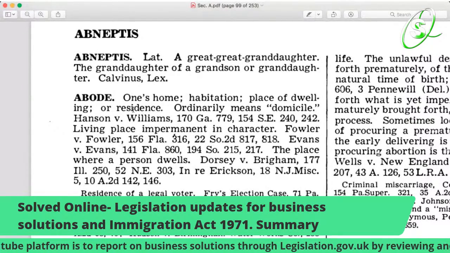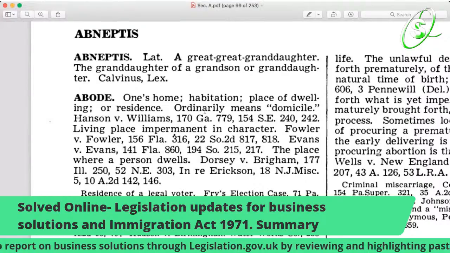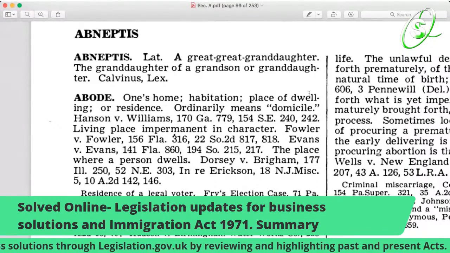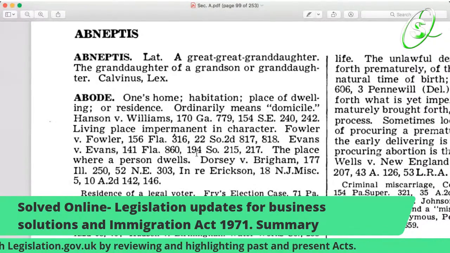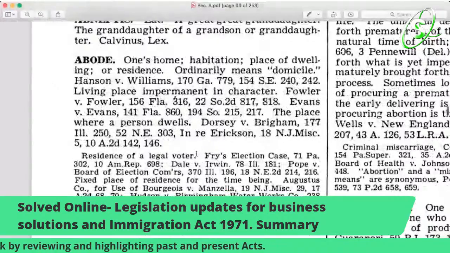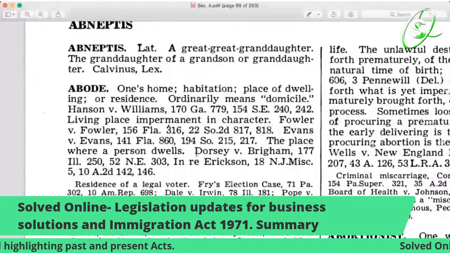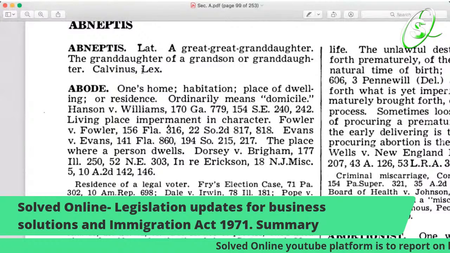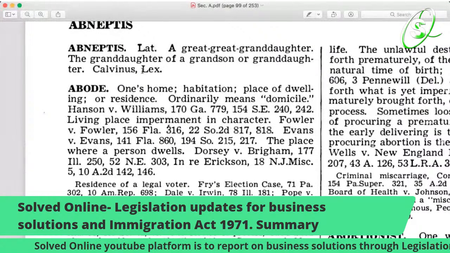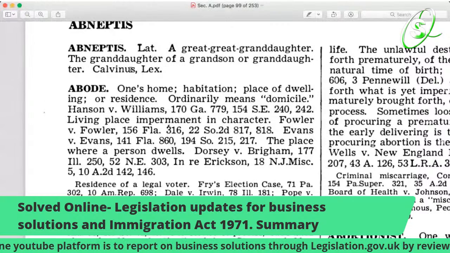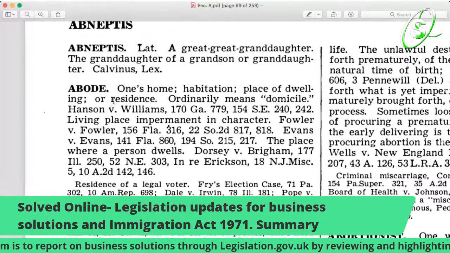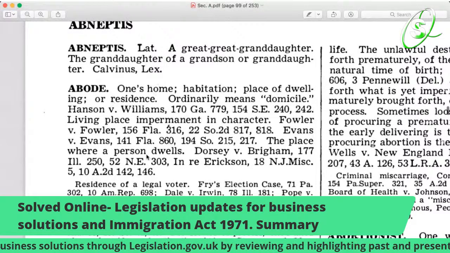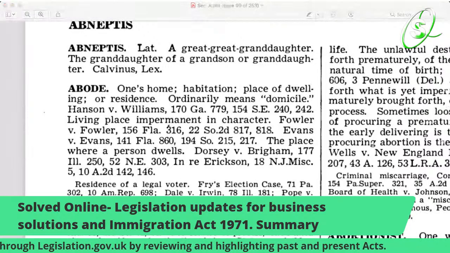Ordinarily means domicile. So for everyone to understand, as you can see the meaning of this. When it comes to royalty, being a part of the House of Windsor, all of this residency, everything that's here, means very much.